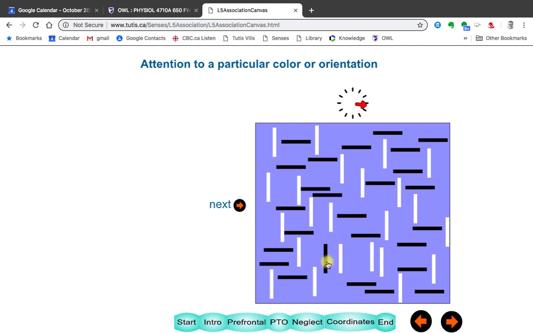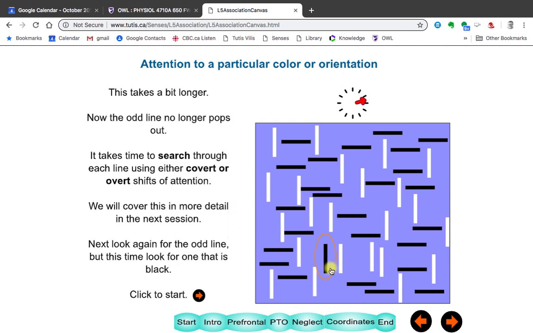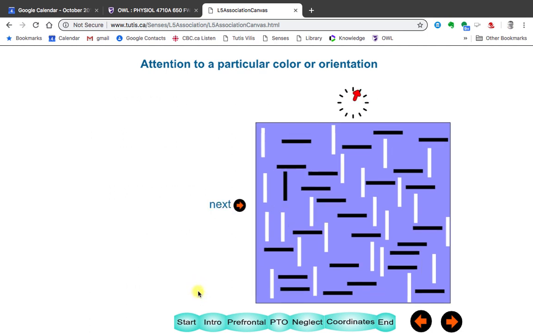Now try this, okay? Try to sort of attend to the black lines in the next one, okay? You know what it's going to be, the black lines, and your brain can filter out the white lines, and you can see it right away.